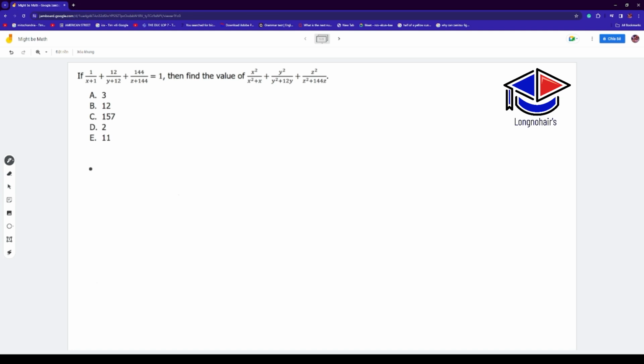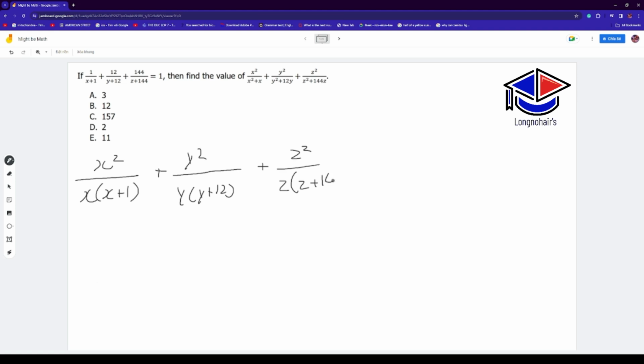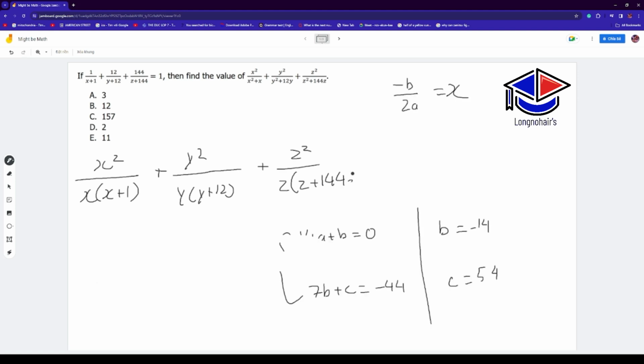So we can write it out as x squared over x times x plus 1, plus y squared over y times y plus 12, plus z squared over z times z plus 144.